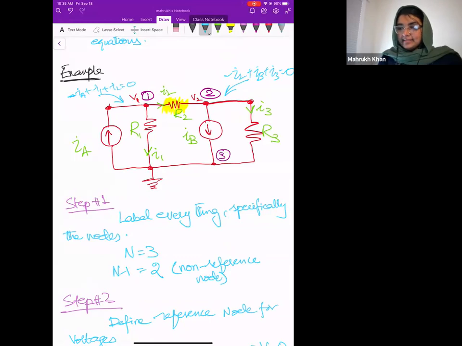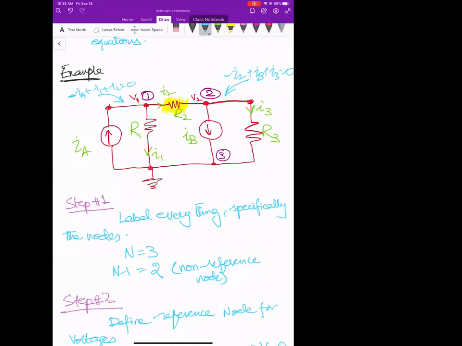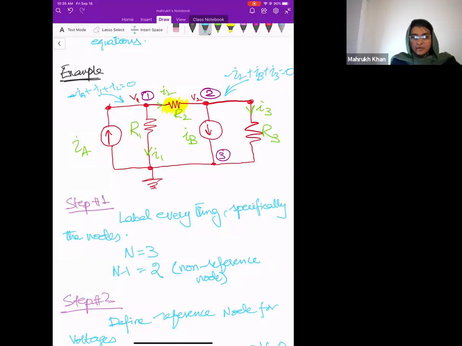But what is I2 here? What should I write for I2? Would it be V1 minus V2 over R2? Yes, I should keep it the same, because once I have defined I2, I should not change its sign no matter where I am moving among the nodes, okay?